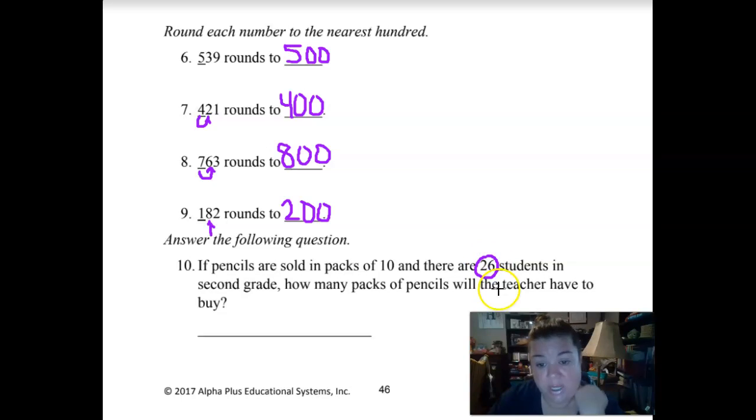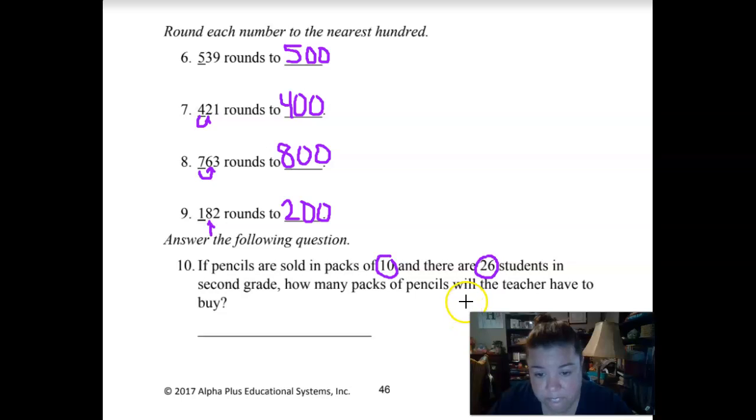Is that closer to 20 or 30? That's what you're looking at. So you want to look at the number here and decide. We're going to round to the nearest 10 because our packs come in 10s. See that? Our packs come in 10. So if we're rounding this number, what will it round to? Pause the video and think about it.